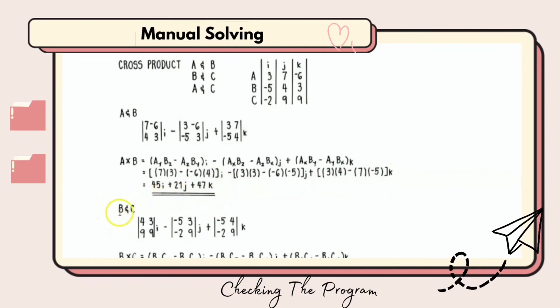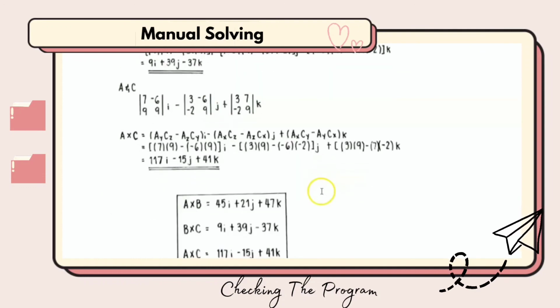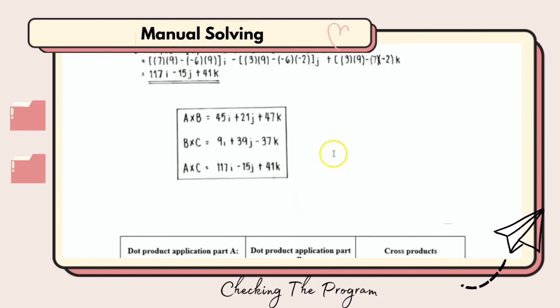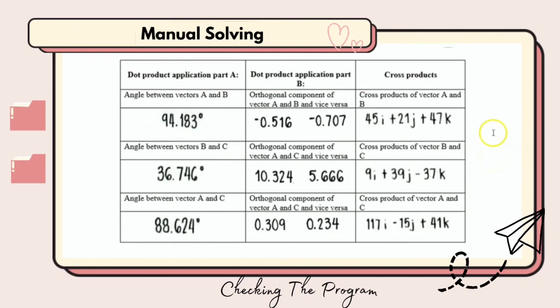In getting the cross product of the other vectors, you just have to repeat the same process we did for vector A and vector B. So this is the table summarizing the answers, and that's all. Thank you.